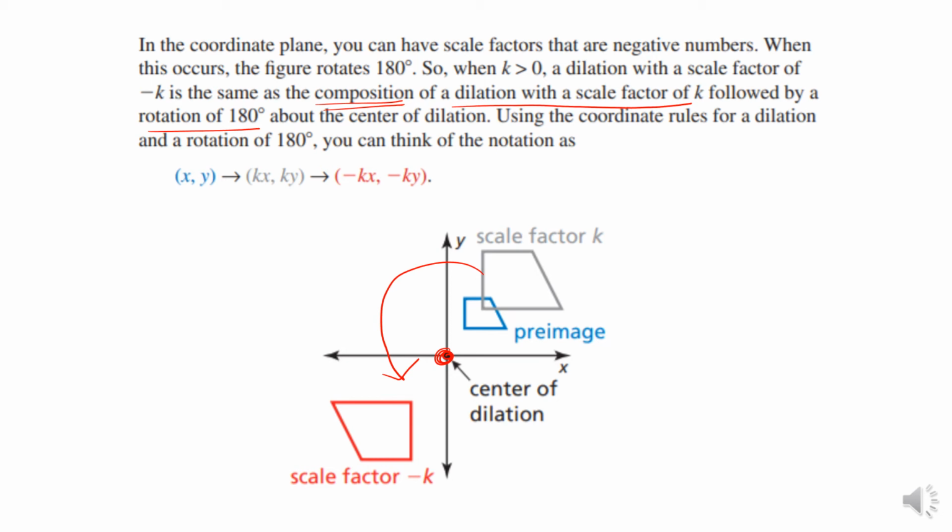Using the coordinate notation, rather than trying to figure out how to draw this and rotate it, you can just do the original dilation, multiplying both x and y by your scale factor, and then go one step further and multiply both of them by a negative, and that will rotate it around. Then you can just regraph using the new points rather than trying to draw it yourself.